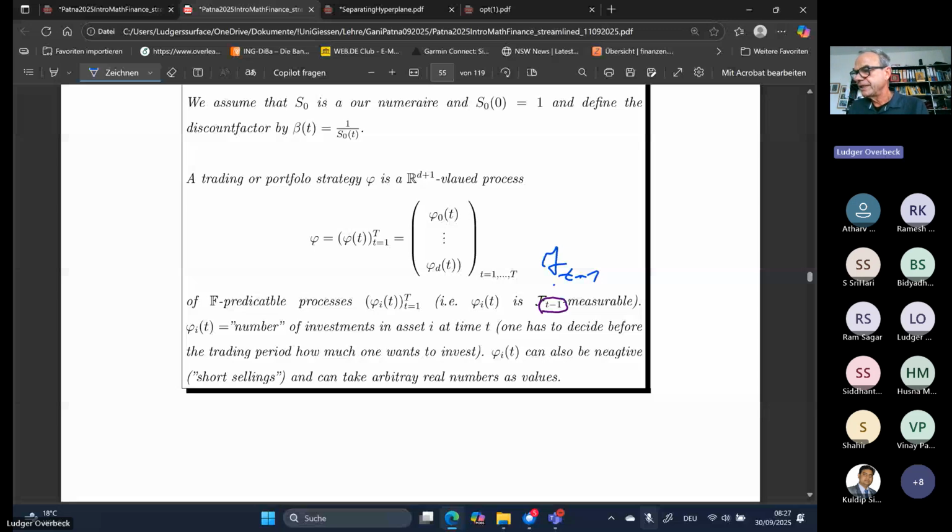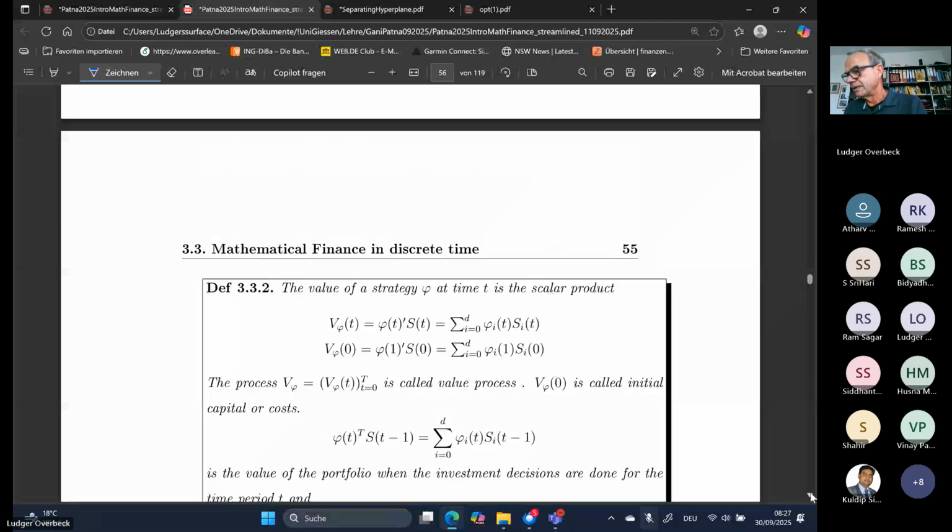And then the value of a trading strategy is a scalar product. In real world time points, the value at day 3 depends on your portfolio decision at day 2 and how this evolved until you make your new investment decisions on day 3.